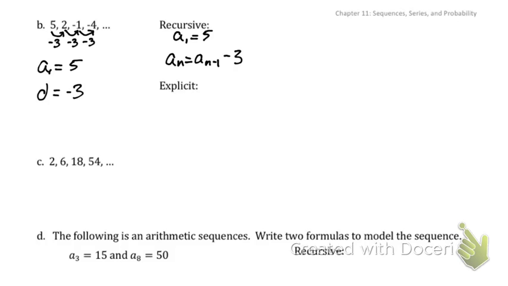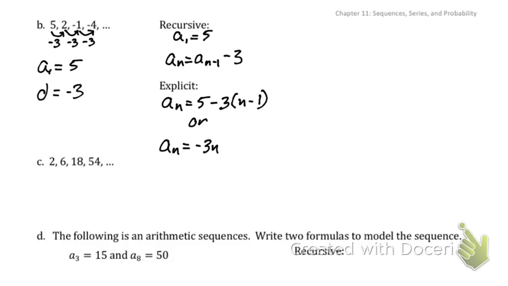Our explicit formula is going to be a sub n equals my first term, which is 5. Our d is negative 3, so it's going to be minus 3 times n minus 1. Once again, you could simplify that to a sub n equals negative 3 times n is negative 3n.